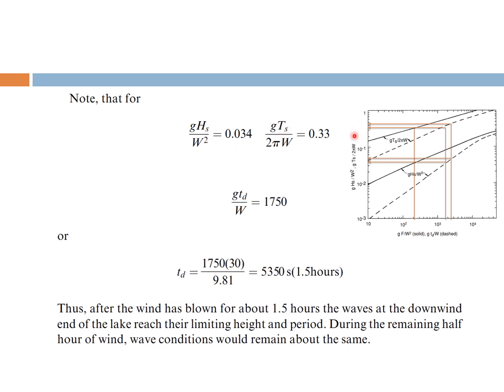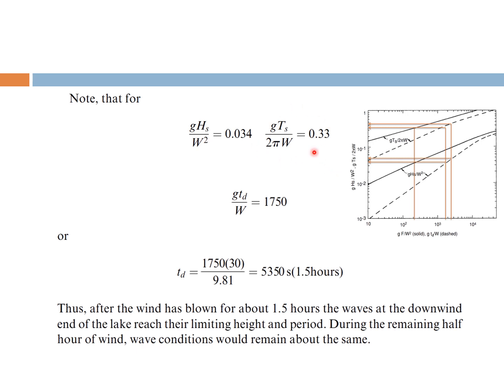So if we go to the chart again, for this particular dimensionless wave height, we read from the dimensionless wave height to the dash curve, and now go downwards to obtain the value on this axis, we get the dimensionless wind duration to be this value.